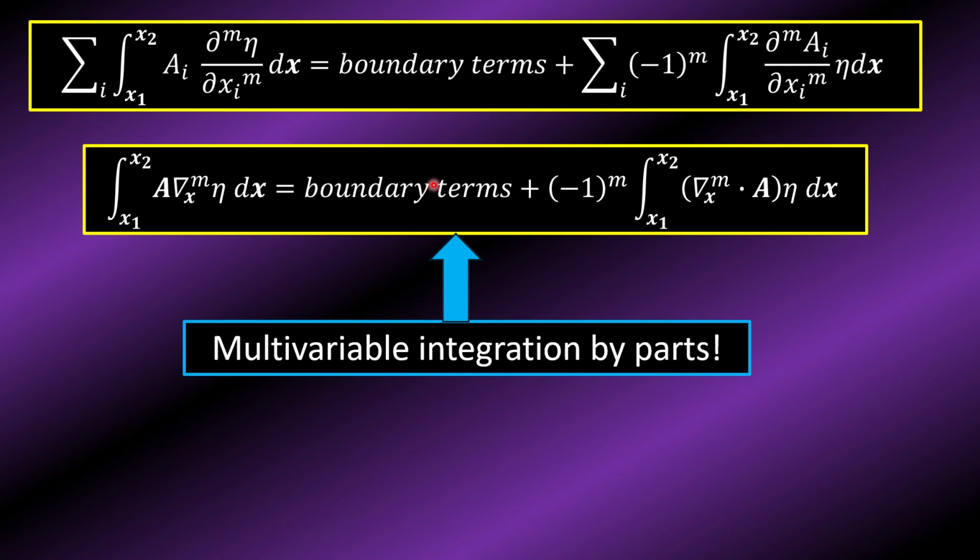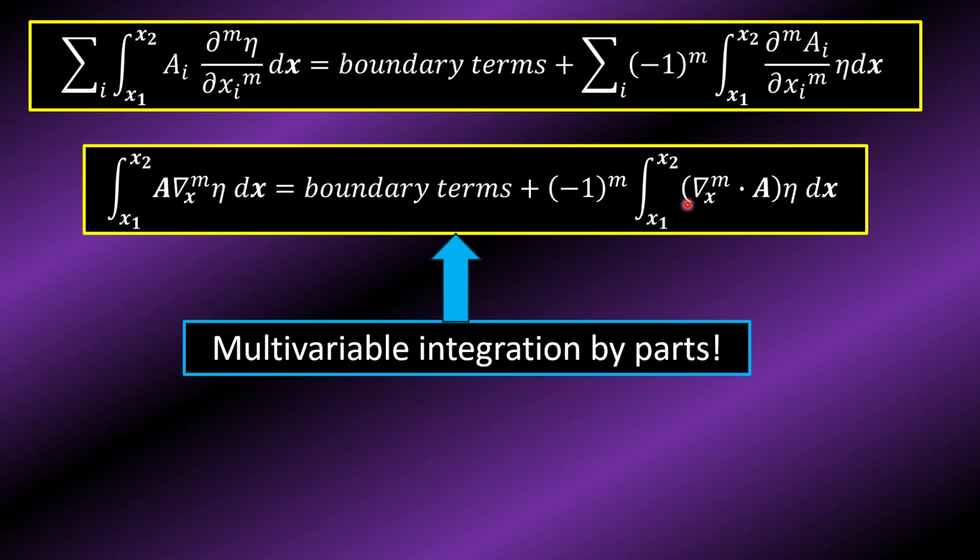Then we get those boundary terms, and then this term could be written as this, where you can factor out that negative 1 to the m, you put that summation into the inside, and you pull it in again. And when you pull in that summation, you'll see that it's just the sum of all the elements within the gradient vector with respect to x, and that's divergence.